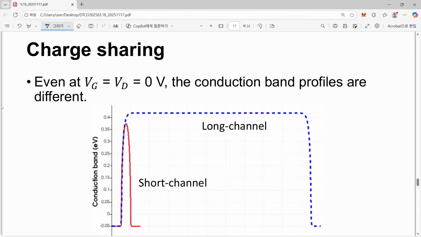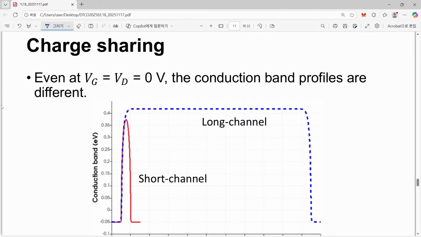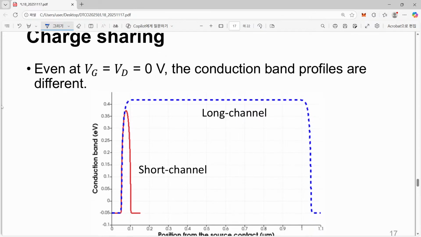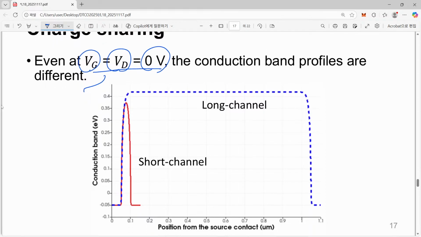So when we draw the 0 and 0 volt case, where gate voltage and drain voltage are biased to 0, these two curves show the conduction band profile.